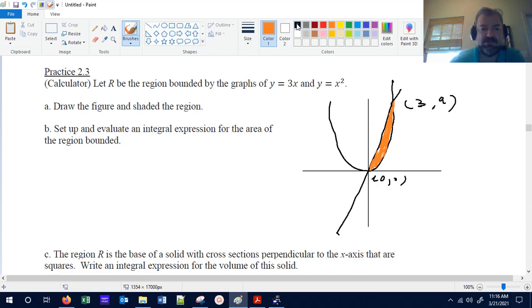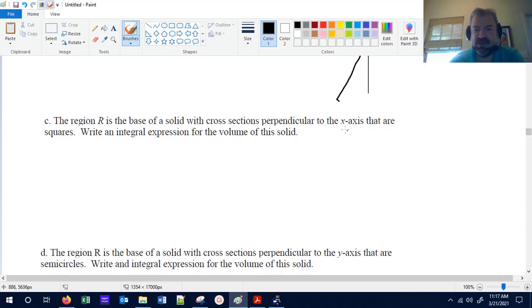All right, now set up and evaluate an integral expression for the area of the region bounded. Well, we're going to just simply subtract the top curve, which is 3x, minus the bottom curve, dx, and I'll do it from 0 to 3 if I'm working with x's. Next, it says the region R is the base of a solid whose cross-section is perpendicular to the x-axis, so I'll be using dx's because perpendicular to the x-axis means up and down, that are squares.